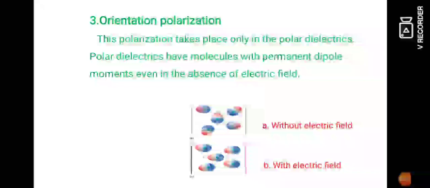The third polarization is orientation polarization. This polarization takes place only in polar dielectrics. The polar dielectrics have molecules with permanent dipole moments even in the absence of an electric field. It is a peculiar characteristic of these polar molecules. That means polarization occurs when an external electric field is applied, so that the two charges will be moving away from their original position.